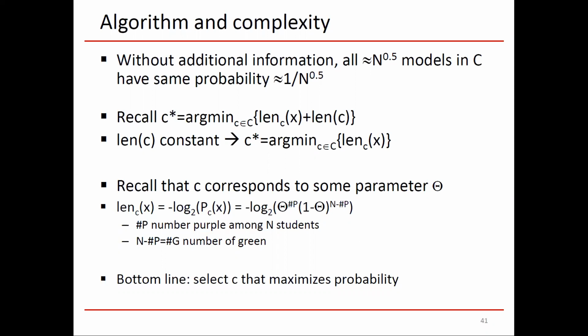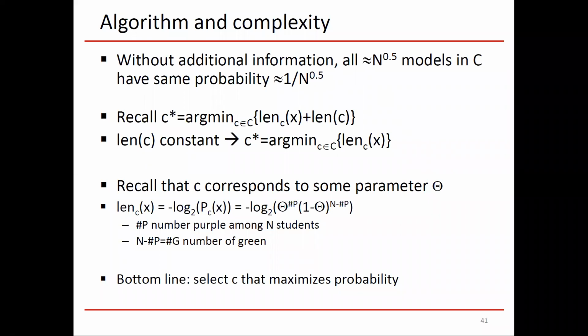So if C corresponds to some parameter theta, then what's going to be the length for C, length for X given C? So it's the negative log base 2 of the probability that the model C assigns to the sequence X. Now, what's that probability?